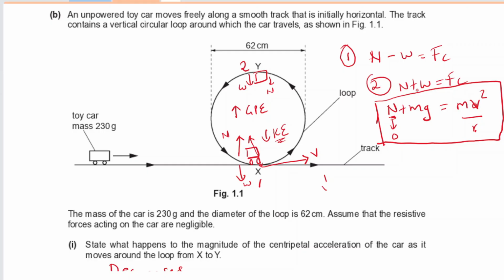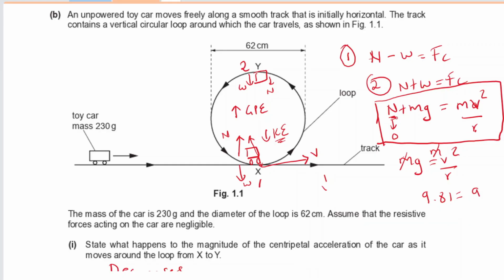Okay, so the absolute minimum is when this is 0, and it happens that mg equals mv square over r. We see that the m and the m cancel out, and gravity is 9.81. So 9.81 equals v square over r. This is just the formula for acceleration.